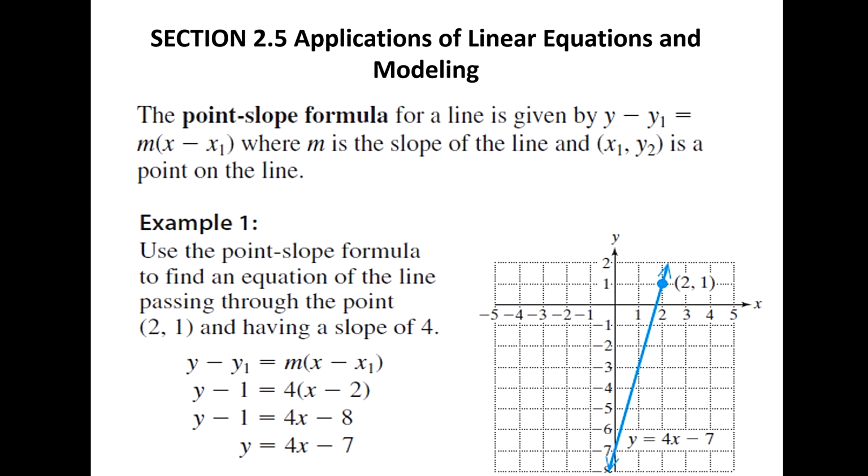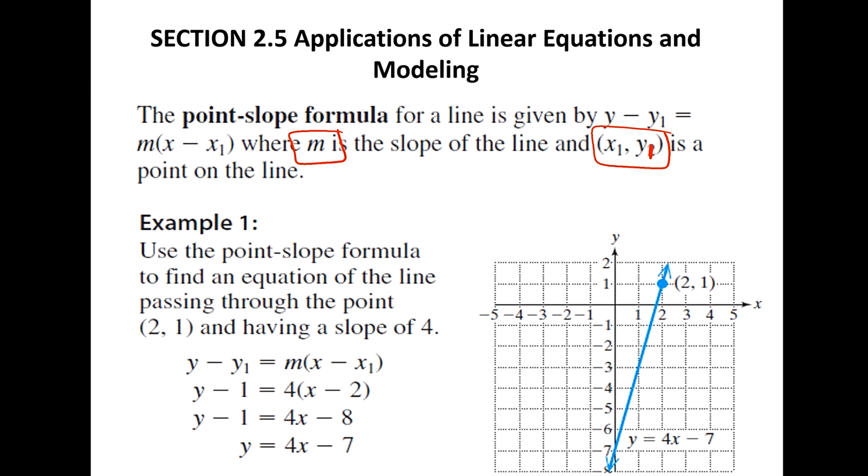Another form of the linear equation is called point slope. The first one was slope-intercept. The second formula is point slope. In point slope, we must have the point (x1, y1) and the slope m.